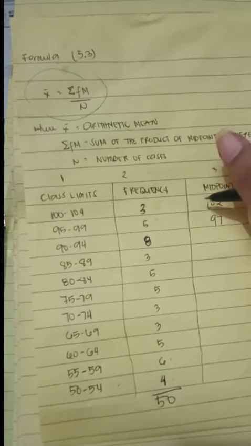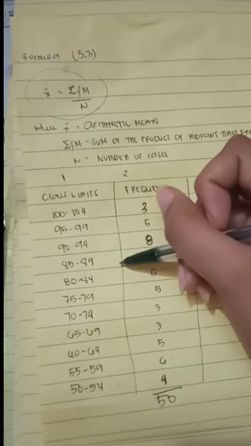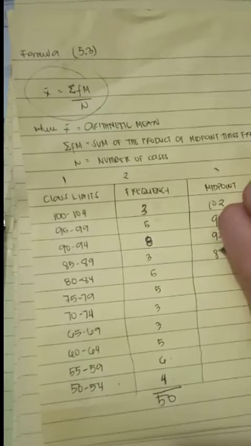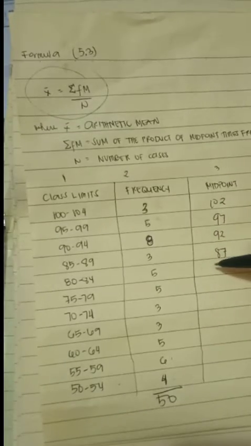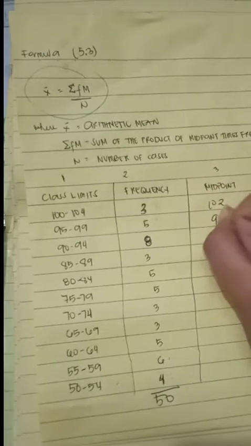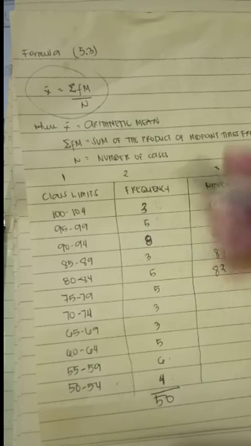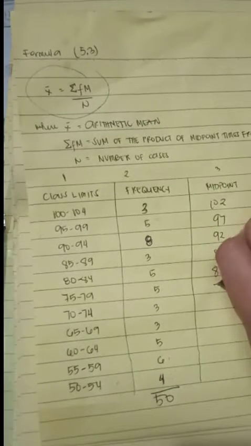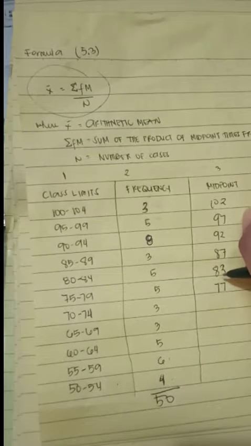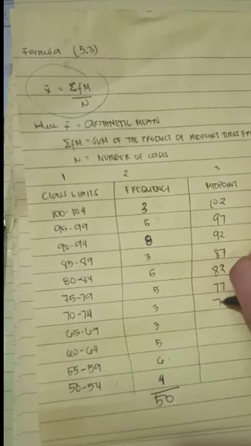In 90 to 94, we have 92. And 85 to 89, we have 87. And in between 80 to 84, we have 82. Then in between 75 to 79, we have 77. Then 70 and 74, we have 72.